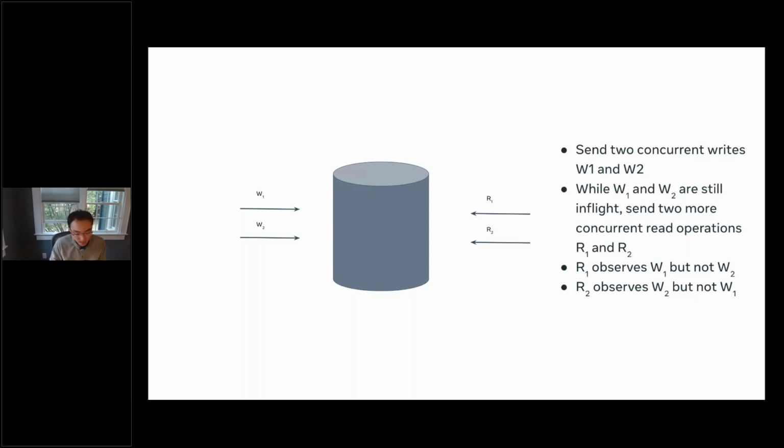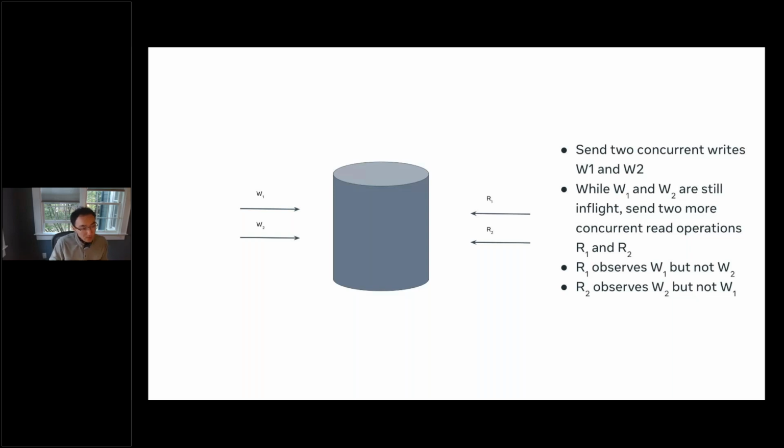So this is a violation of linearizability. But you can see there's no causality being violated here, because all those operations are in flight. There's no implied causality between any pair of these 4 operations, but this is still a violation of linearizability regardless.